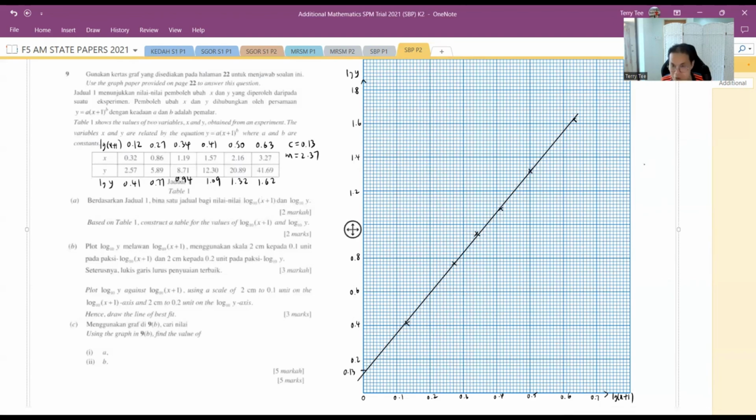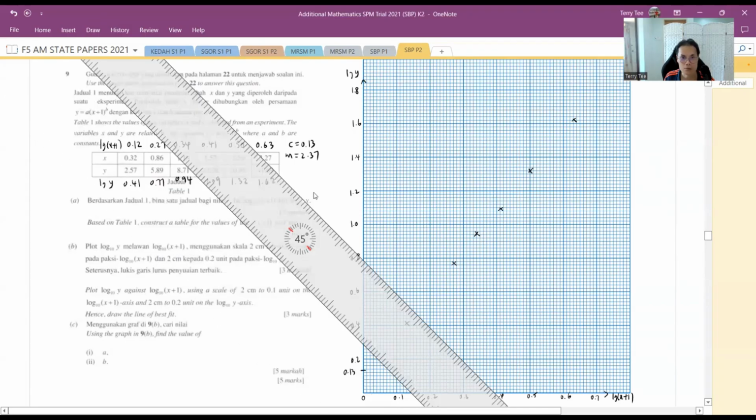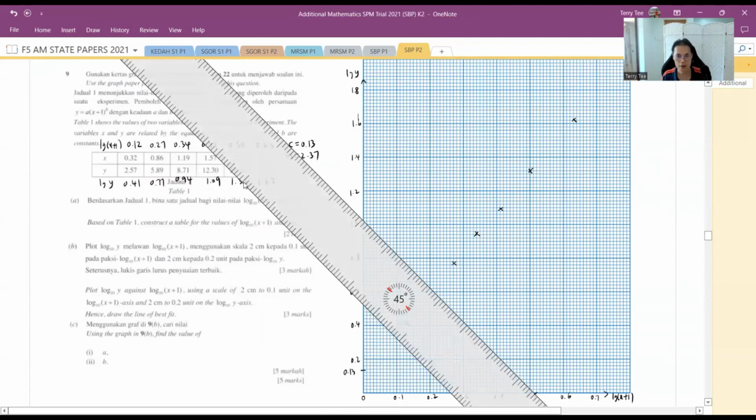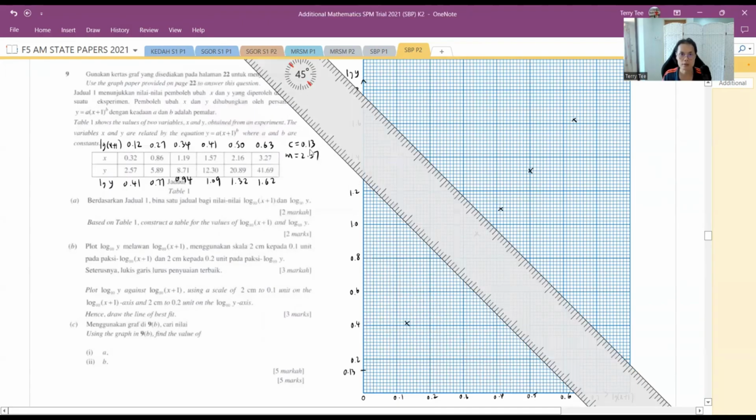It's not perfect at all, so I think I have to redraw. I had to try again because I couldn't get my line of best fit unless I use a ruler. So let me just try using the ruler to adjust it.